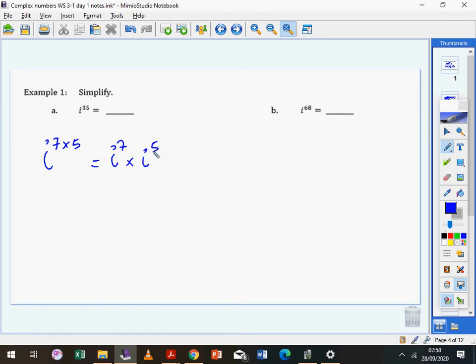So I need to find what i to the 7 is. I know that i to the 7 is i seven times, and i to the 5, same thing, i five times.